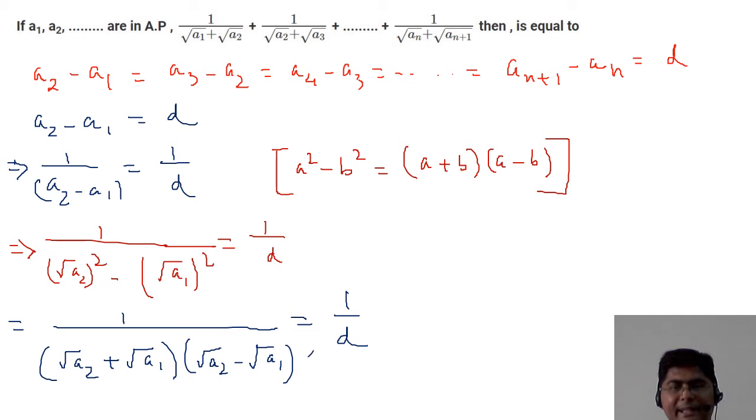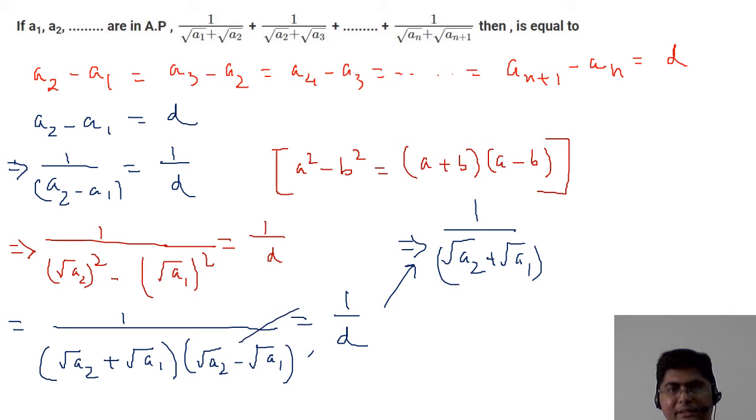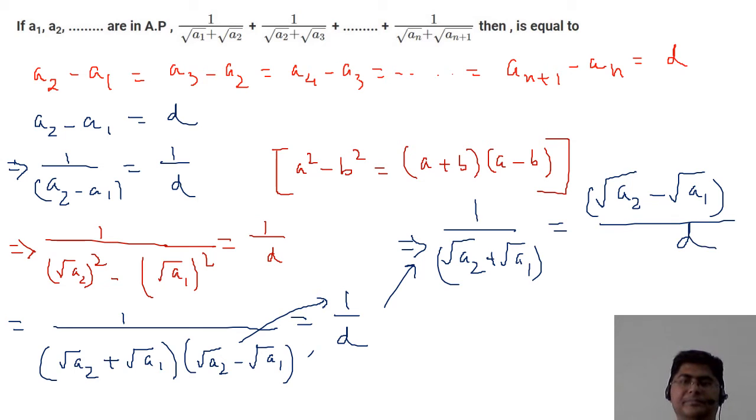If we just rearrange, then 1 by (root a2 plus root a1) is equal to (root a2 minus root a1) in a bracket divided by d.